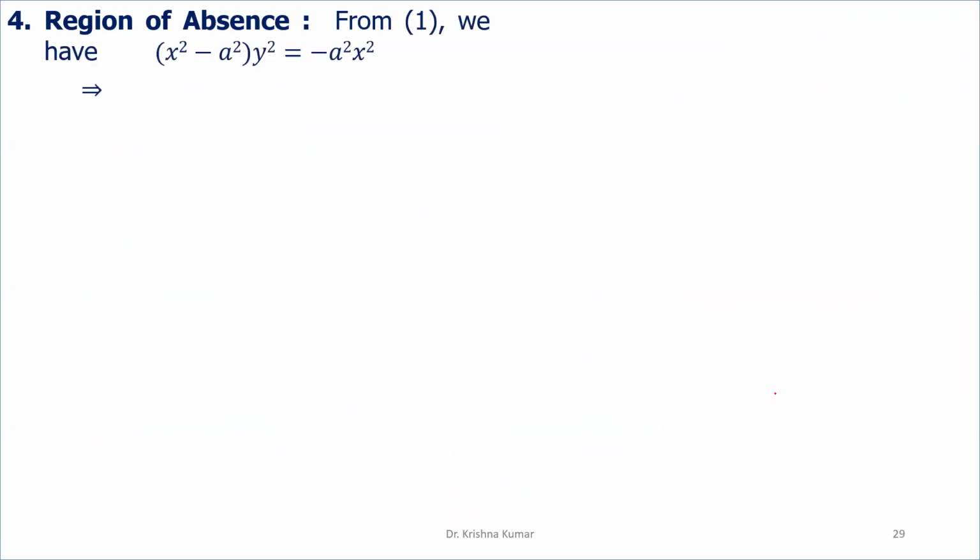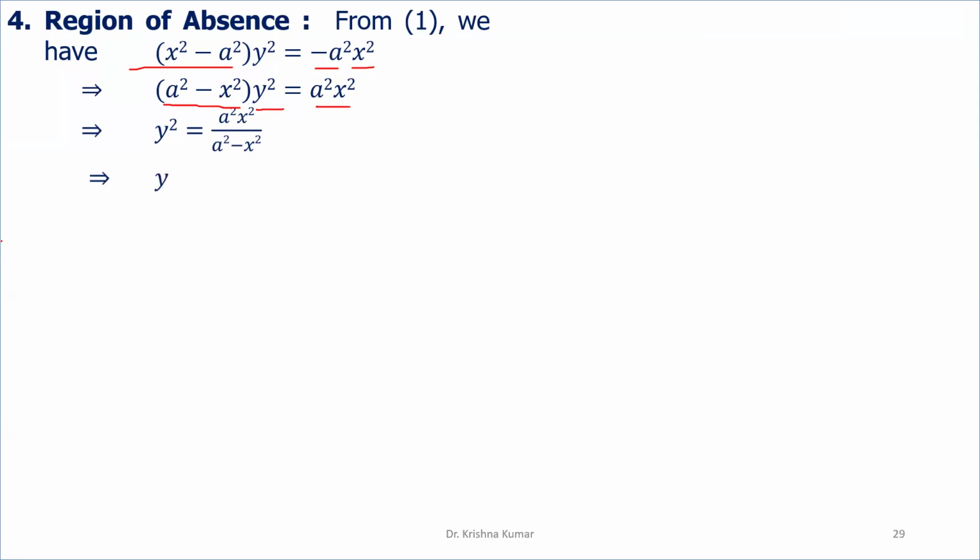Reason for the absence: from the equation we have x square minus a square whole times y square equal to minus a square x square. If we multiply the whole equation by the minus sign, it is a square minus x square whole times y square equal to a square x square, which gives us y square equal to a square x square upon a square minus x square.